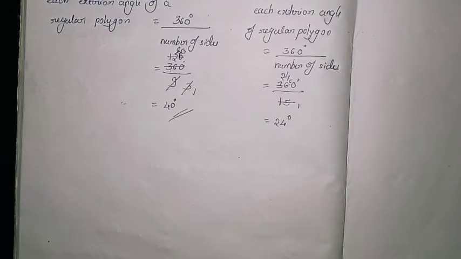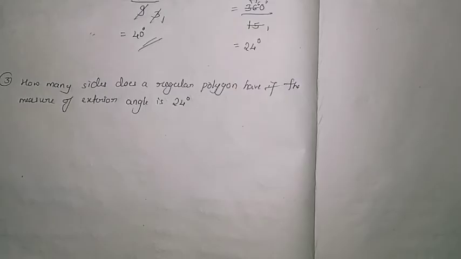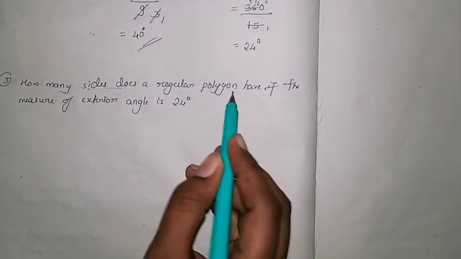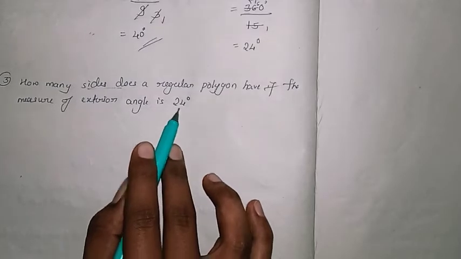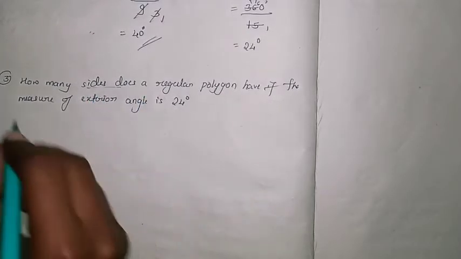Let's move towards the third one. Here you can observe the question is reversed. How many sides does a regular polygon have if the measure of the exterior angle is 24? The angle is given, you have to find the side.